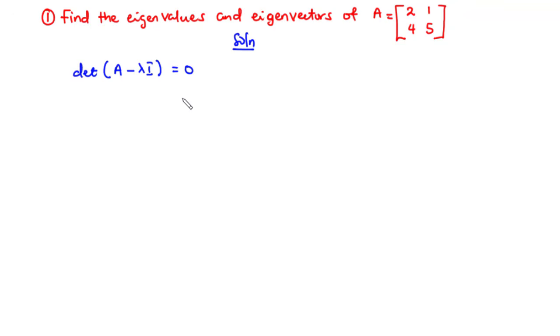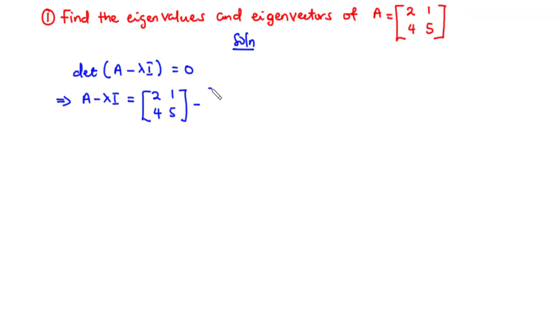Let's determine the matrix A minus lambda I. We have matrix A, which is 2, 1, 4, 5, minus lambda times the identity matrix, which is 1, 0, 0, 1. Basically this is the identity matrix for a 2 by 2 matrix. Now we multiply lambda by each value of the identity matrix, so multiplying lambda across, we have lambda, 0, 0, lambda.